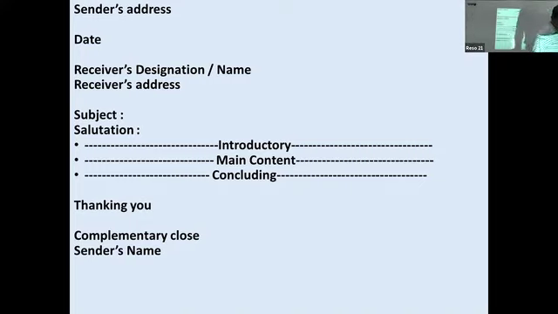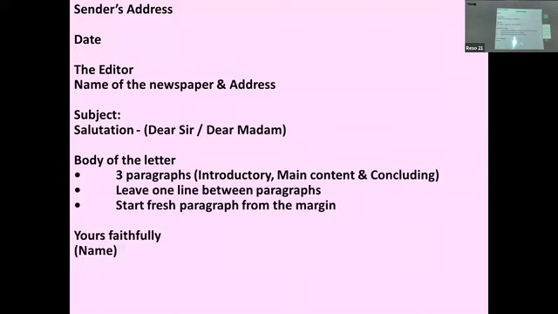And the last slide for today, whatever I just put up. Even if it is not given in the exam, you can use the word X, Y, Z. This is how it will look. Sender's address, date. In our syllabus it is letter to the editor only.